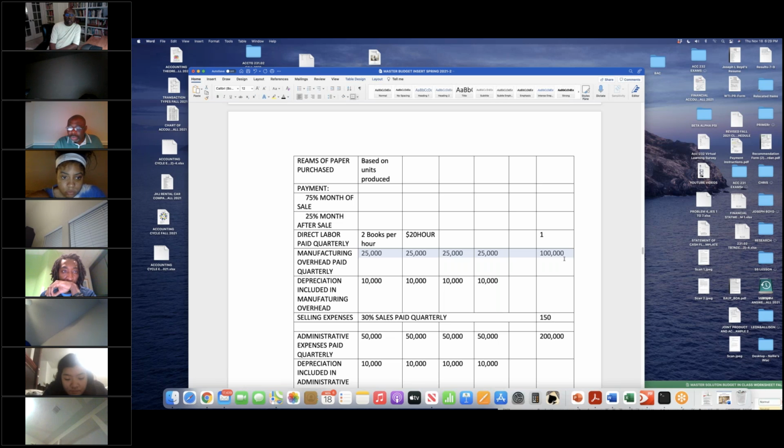The manufacturing overhead is going to be $200,000. So it's going to be $50,000.